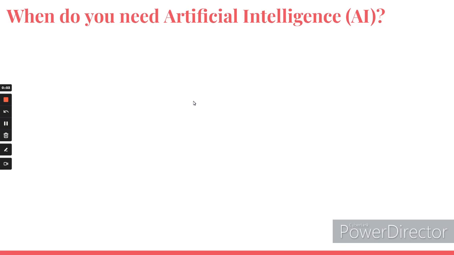Now comes the question, when are AI machines really applicable? We don't need AI to solve all kinds of problems. Let's say we need to add two numbers, as shown here. Do you need artificial intelligence to add these two numbers?